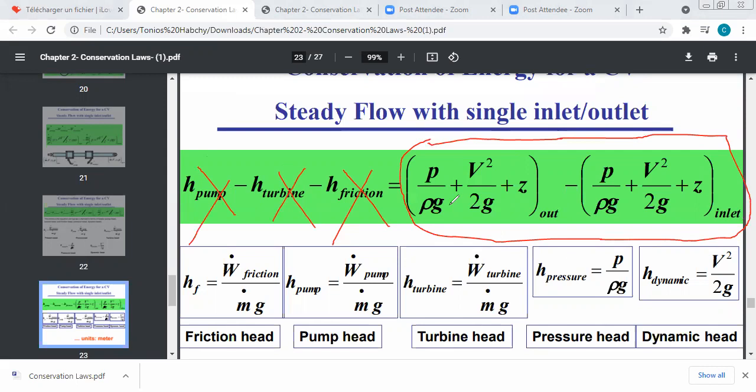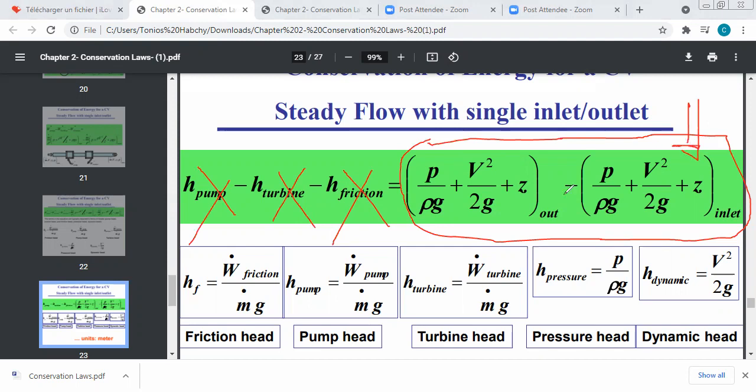The assumptions for Bernoulli's equation are that we don't have any external intervention, any equipment providing work or delivering work to the environment, and we don't have losses. If these conditions are met, we end up with conservation of energy for our flow.